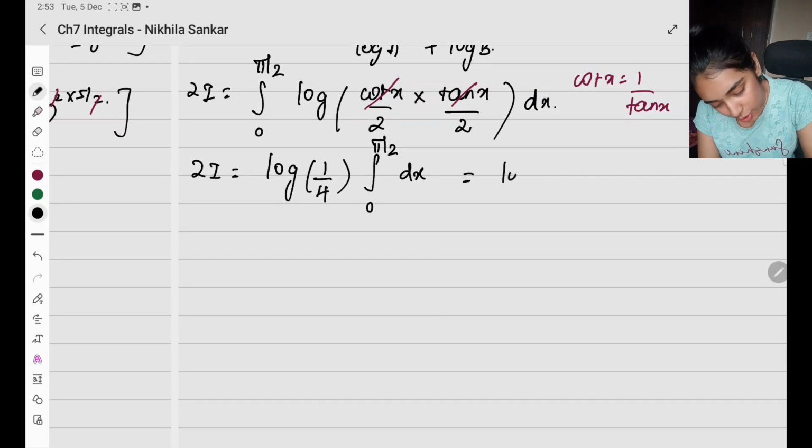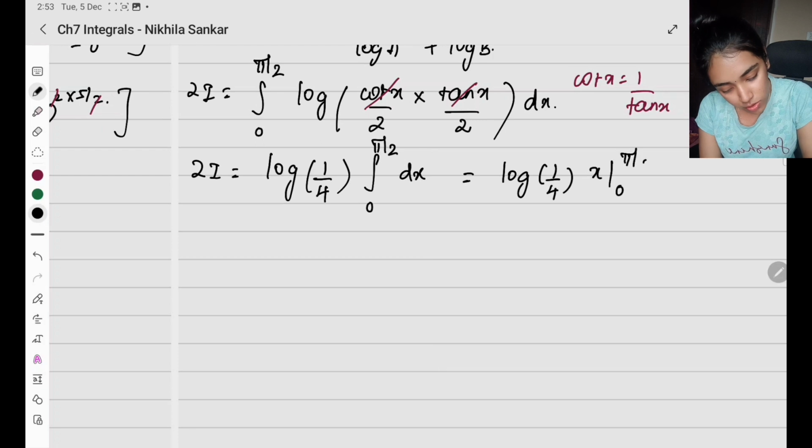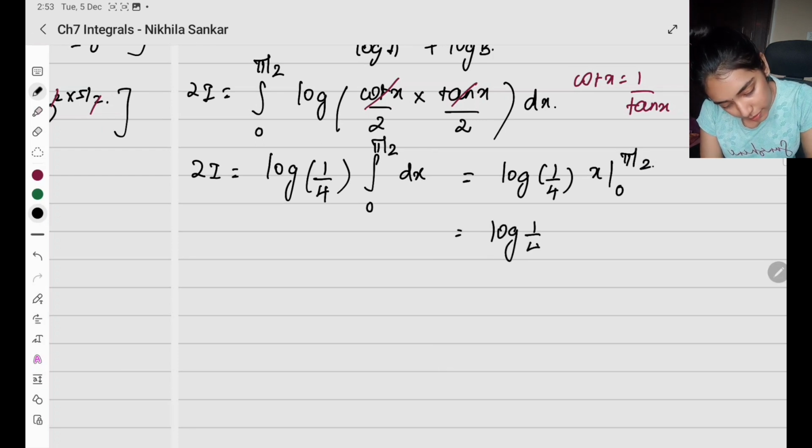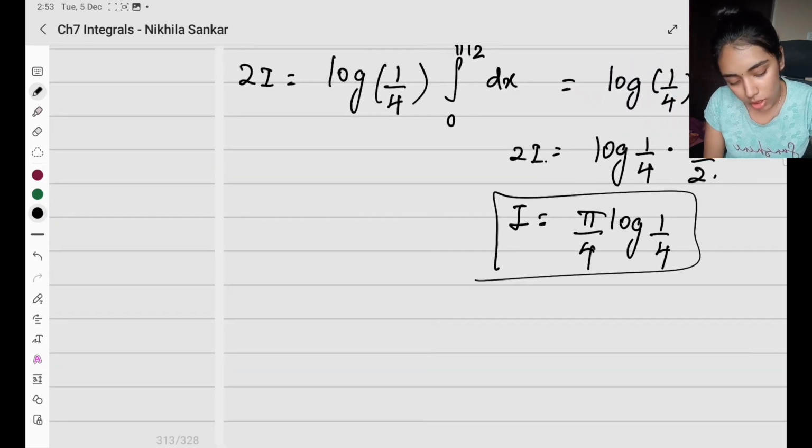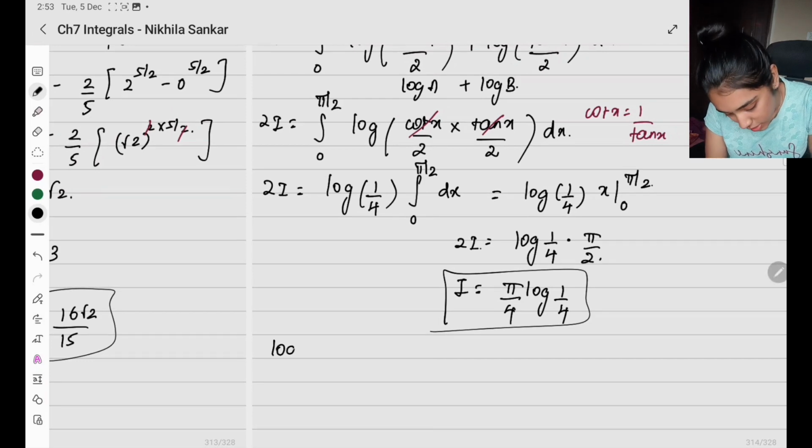So this is going to be log of 1 by 4 times x from 0 to pi by 2, which is log of 1 by 4 times pi divided by 2 is 2i. So I equals pi by 4 log of 1 by 4. How can we simplify log of 1 by 4? Log of 1 by 4 is nothing but log 1 minus log 4.